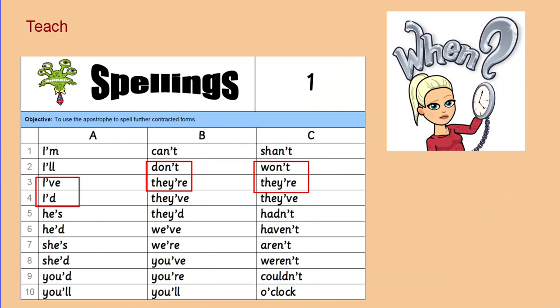Moving on to our contracted form words. I'm very quickly going to read these words to you. If you are not sure how to read some of the words, make sure you listen carefully.